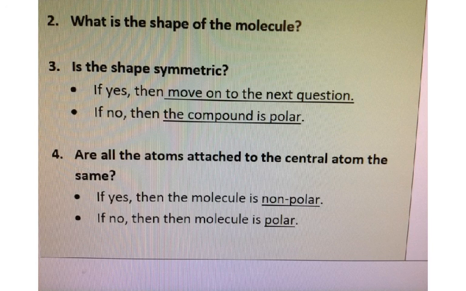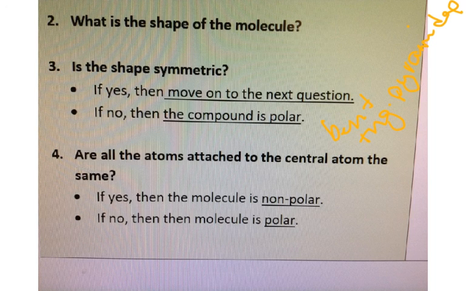If it is symmetric, meaning linear, trigonal planar, or tetrahedral, then you need to move on and still figure out if it's polar or nonpolar. If it is asymmetric, then you know automatically that the compound is polar. Remember, those shapes were bent and trigonal pyramidal. So if it's those shapes, you can automatically say it is a polar molecule.